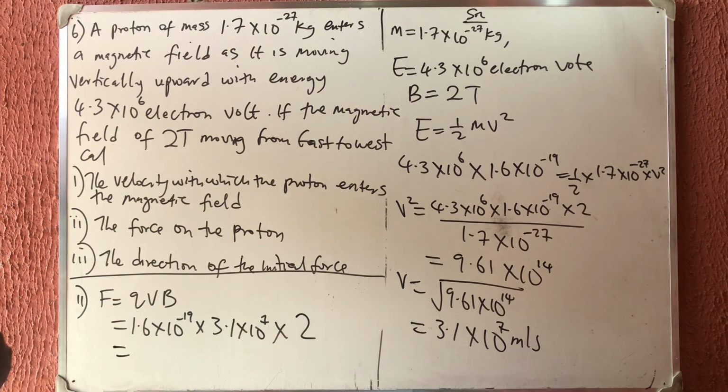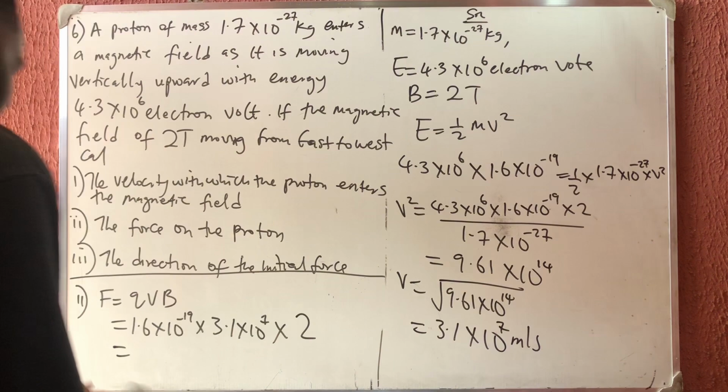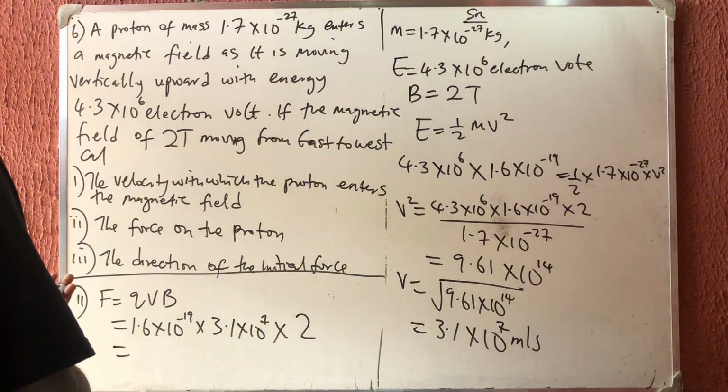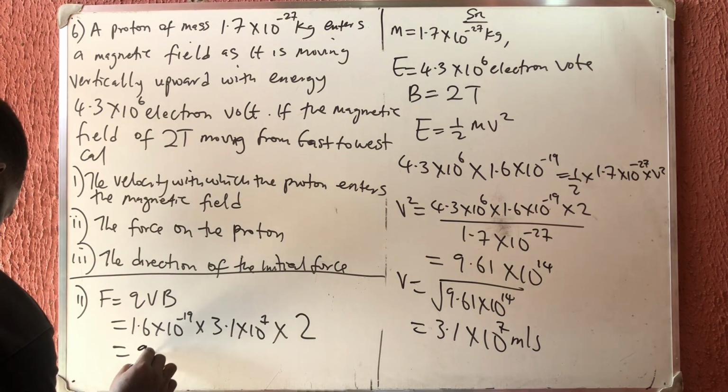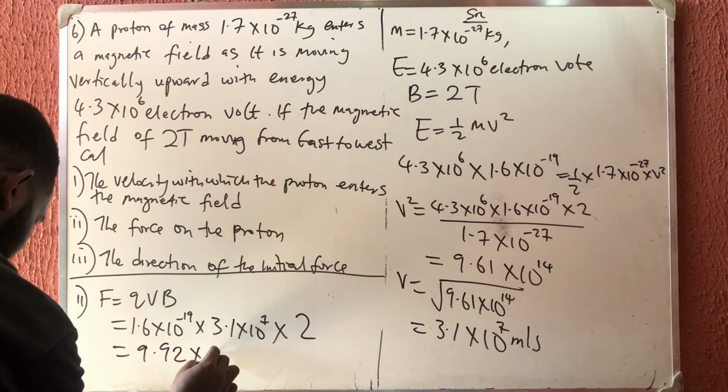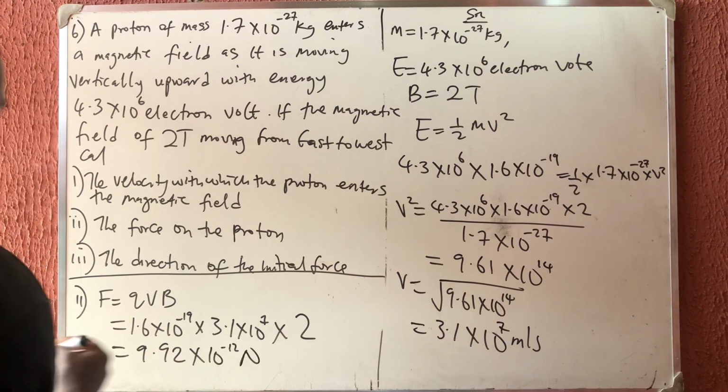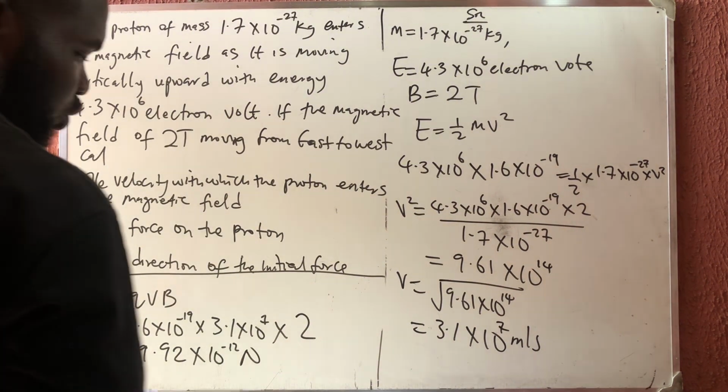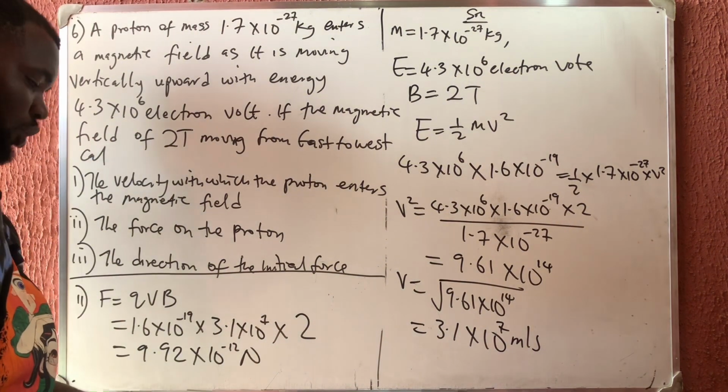So if you do that, this is 1.6 times 2, then times 10 raised to the power minus 19. So I'm going to have 9.92 times 10 raised to the power minus 12 Newton.